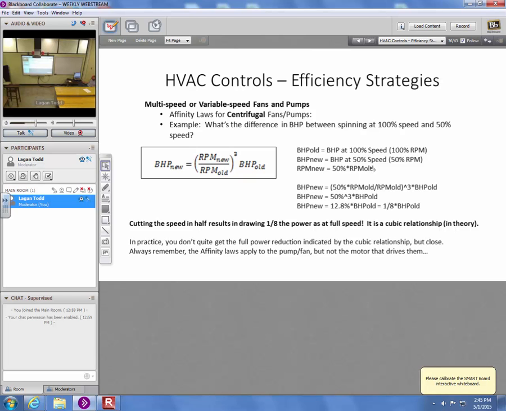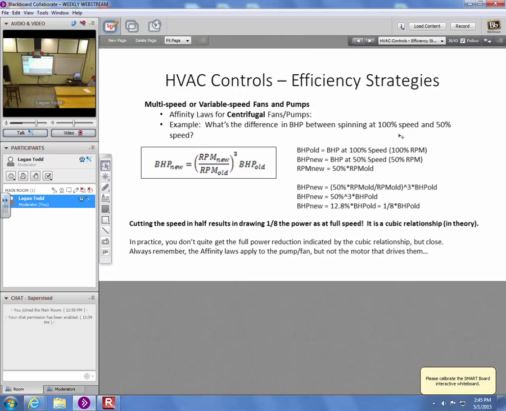If RPM old is the initial 100% speed, and we're going to go to 50%, that's 50% of 100%. So we take that relationship, plug it into the equation, do a little algebra, and you'll find that the new brake horsepower at the 50% speed is 1/8 of the old brake horsepower. So at 50% speed, we draw 1/8 as much power as we do when we spin at 100% speed.